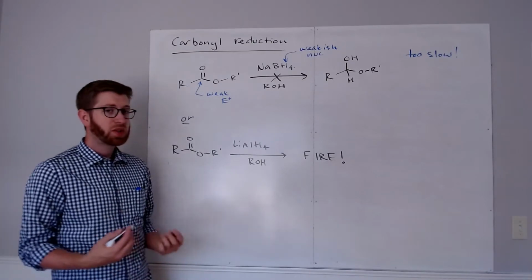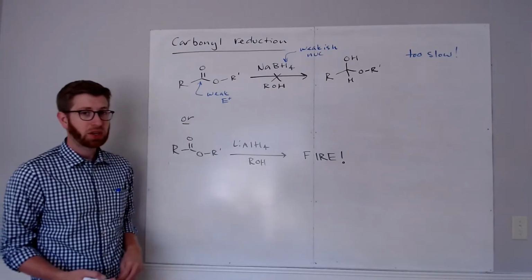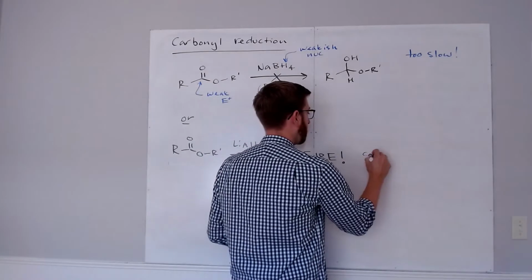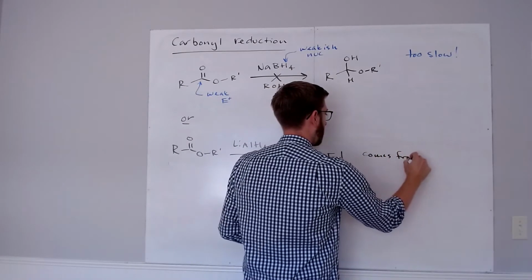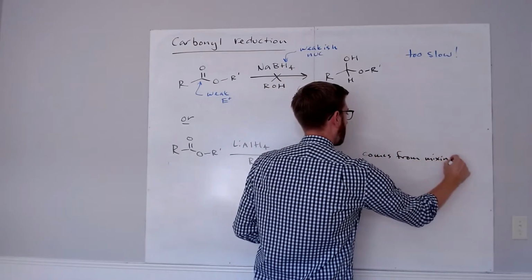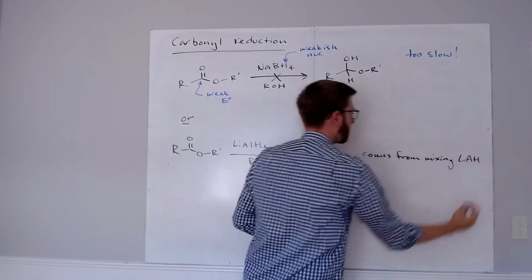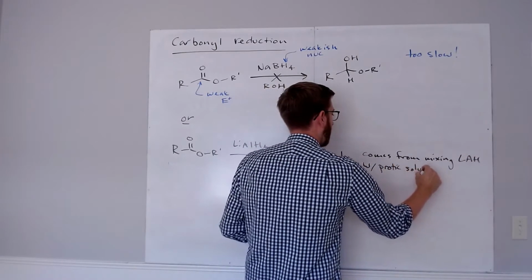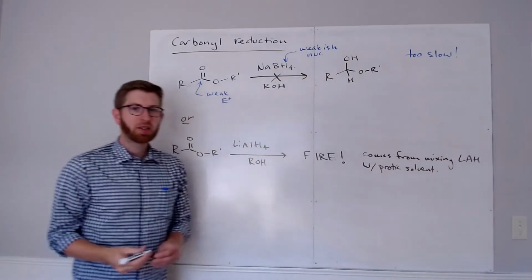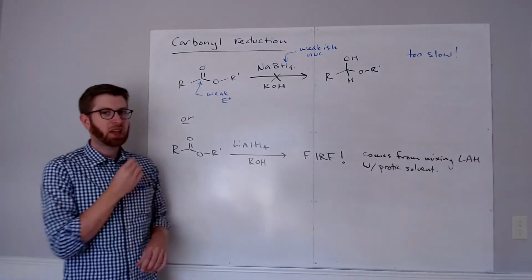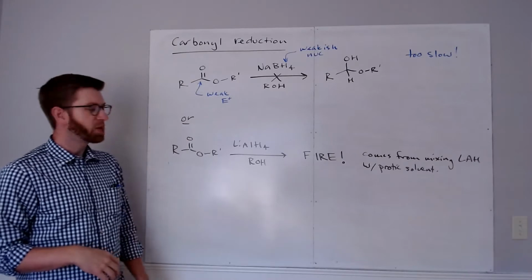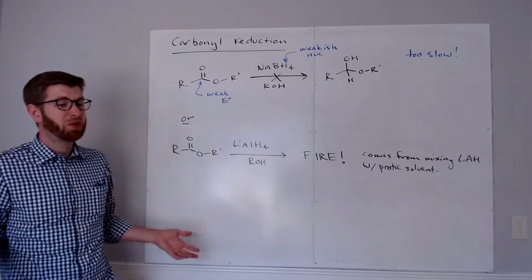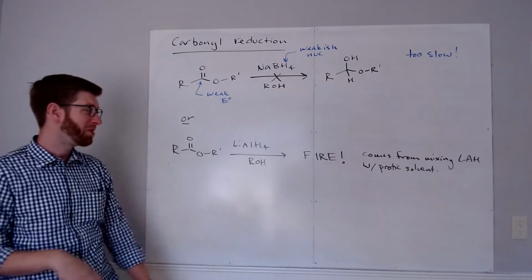And that reaction is so exothermic that a lot of times it will actually ignite. So this comes from mixing our LAH, or lithium aluminum hydride, with a protic solvent. This is pretty spectacular. These fires can be quite dangerous. I've actually seen a couple of them in my career, but they're also fairly attractive. Chemists usually like fire. Maybe that's the reason why we do what we do.